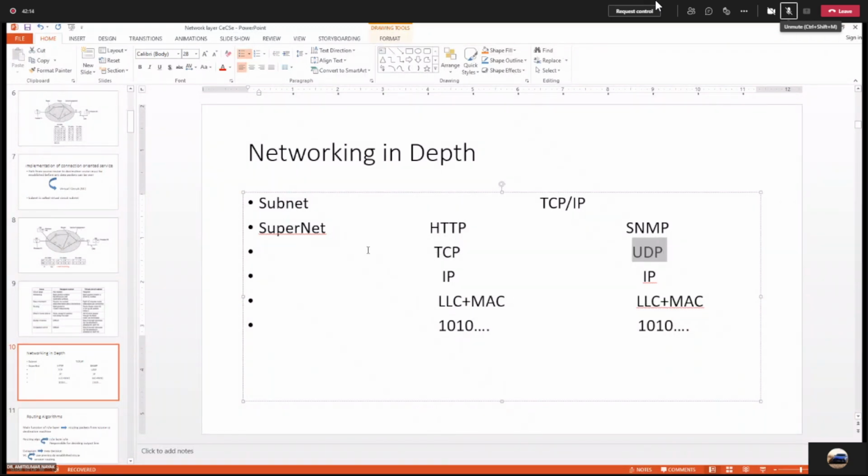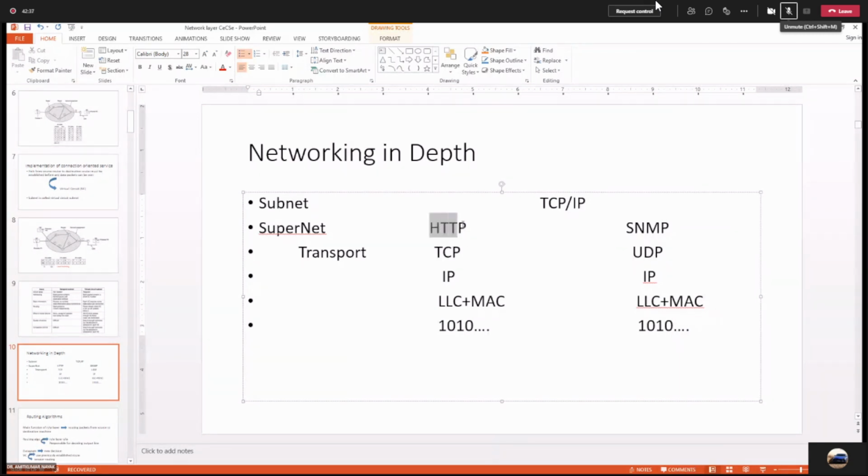So you can see that at the transport layer, we are deciding whether the connection will be connection oriented or connection less. And who will decide this?